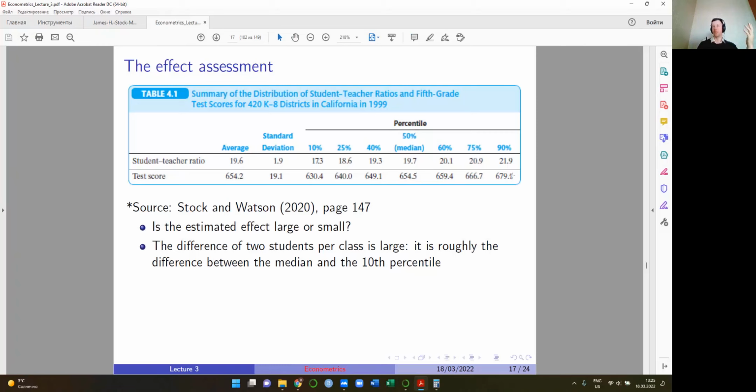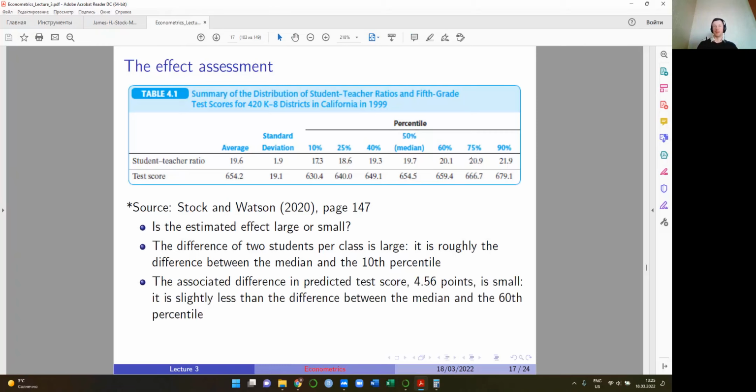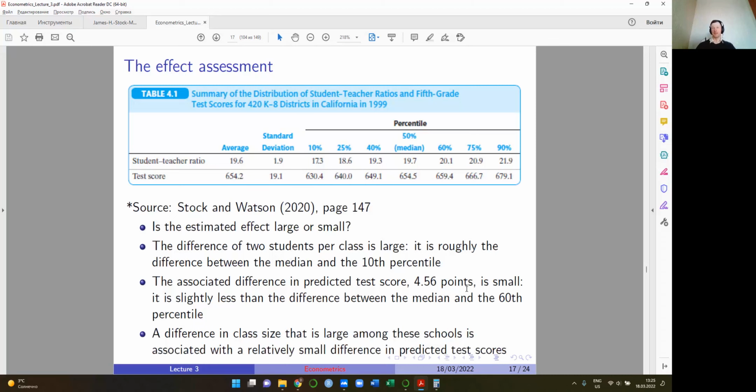We are not falling into the 90th percentile. So that's why, as I said, the difference of 2 students is large, but the associated predicted test score change is small. And as I said, we are making a very large effort with a very modest or very small outcome.